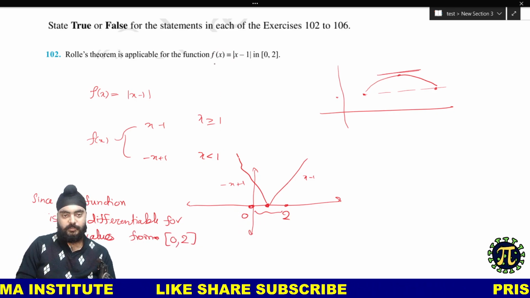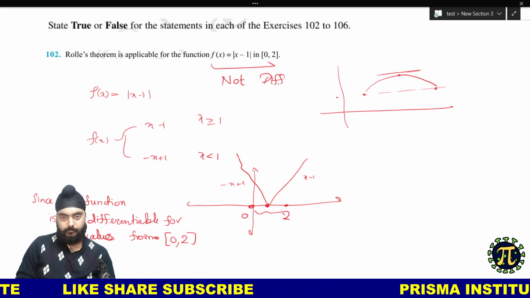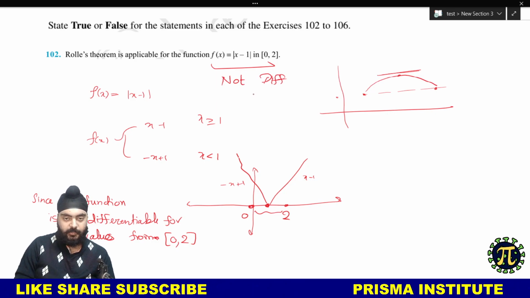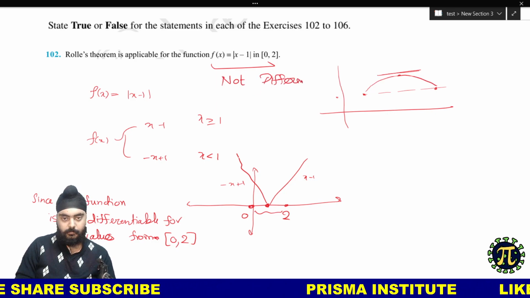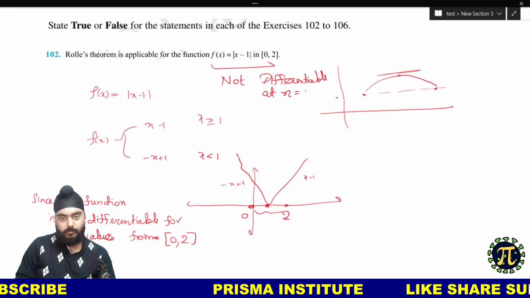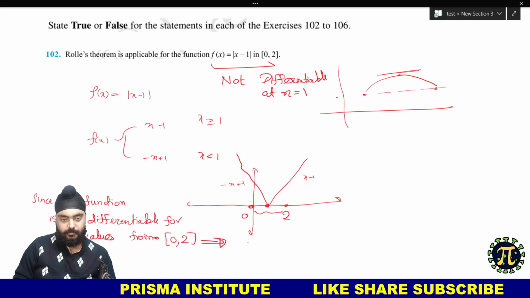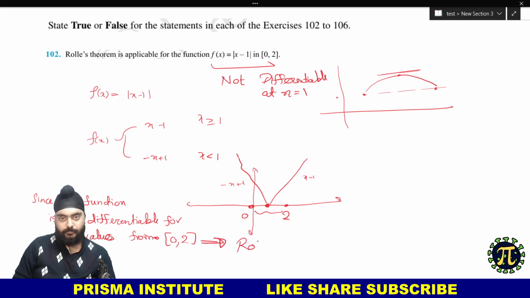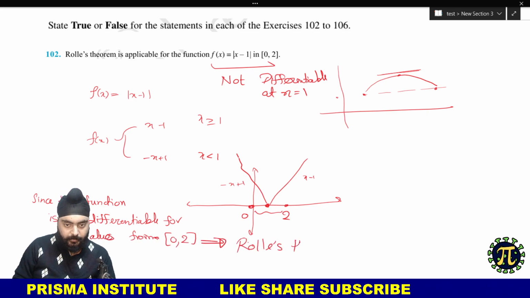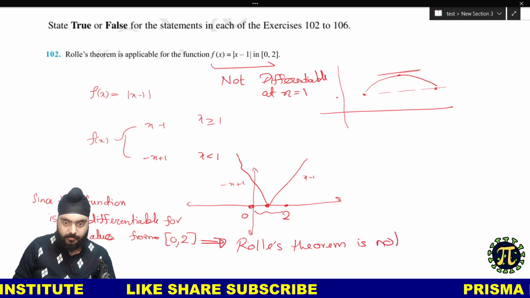This function is not differentiable at x is equal to 1. It is continuous but not differentiable. So Rolle's theorem is not applicable.